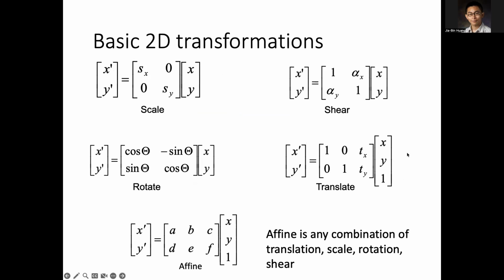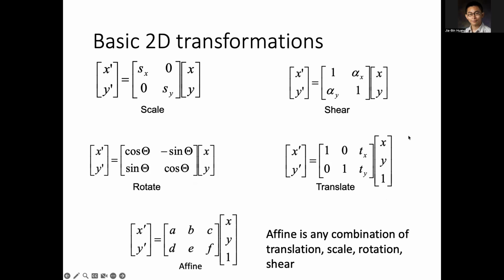And for the translation, the trick is that I just add a 1 and expand the 2-dimensional vector into a 3-dimensional vector by artificially adding a 1 at the end. There's a name for that space. It's called homogeneous coordinates. In that space, I will be able to represent the translation by just putting xt, yt here.